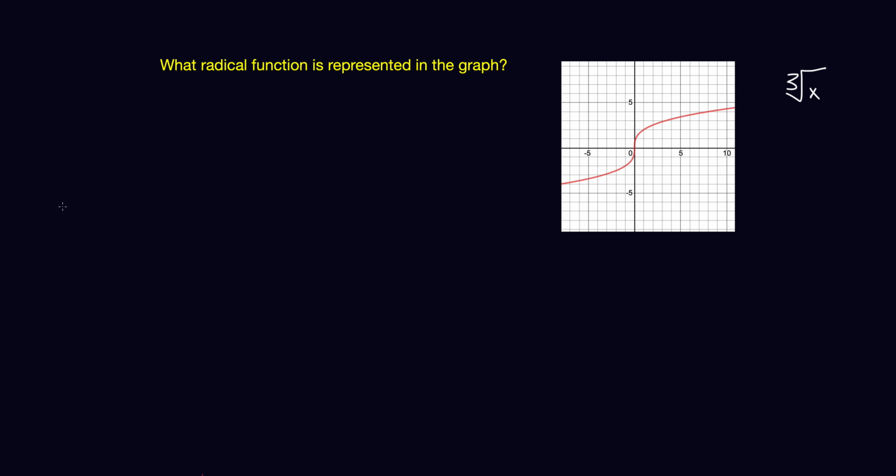The next thing I'm going to look at is what the cubed root of x really does look like. So thinking about 0 cubed, that would be 0. So if 0 was in the cubed root, we'd still get 0.